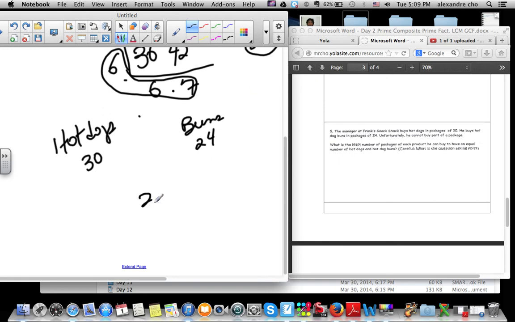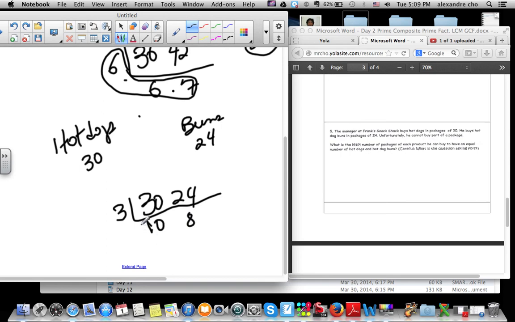So let's see, LCM of 30 and 24. And let's do the slide. A number that goes into 30 and 24 would be 2, 3. Yes, 3 works. 3 goes into 3 8 times? No, of course not. 3 goes into 30 10 times. And 3 goes into 24 8 times.